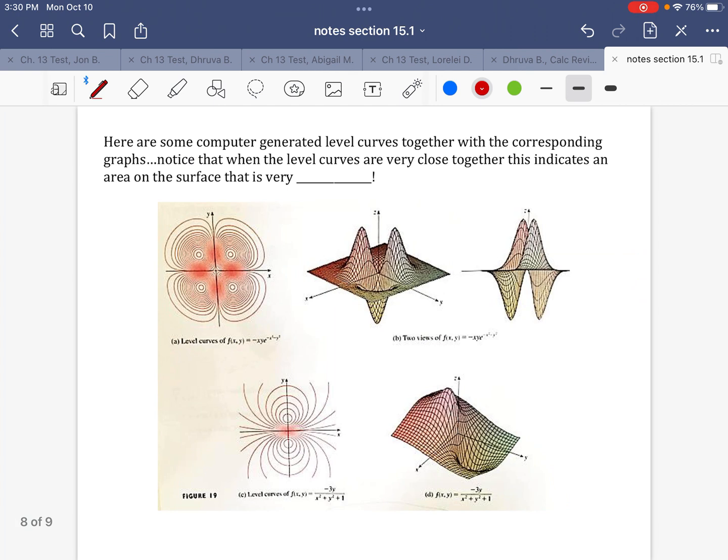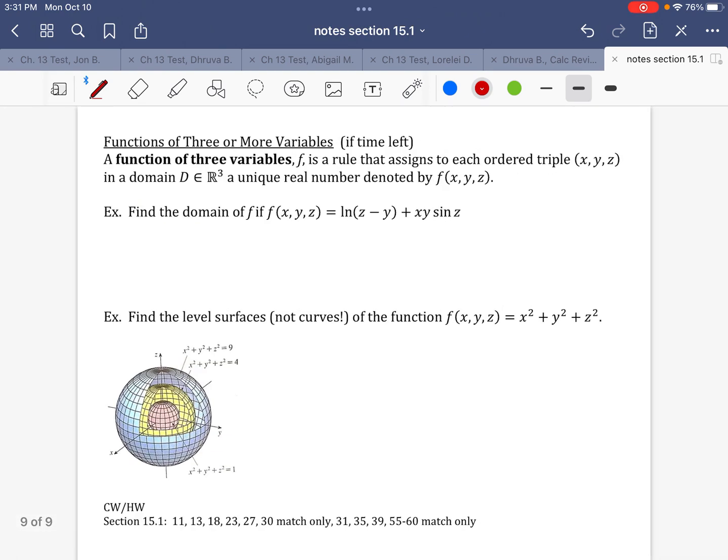All right. So these are just some more pictures that you can see. This is their level curves right there. And so basically level curves very close together indicate a surface that is very steep. Okay. And we can also do this with a fourth dimension. So basically if you have x, y, and z in your equation, then f of x, y, z is your function.